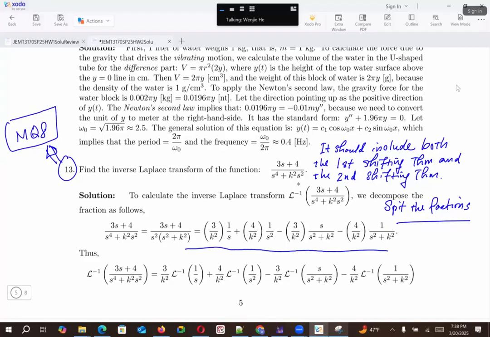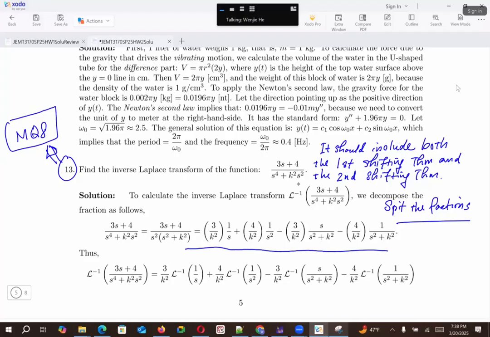If you want to use the partial fraction way, it's okay. But you need to split fractions. I talked about how to split in several classes.